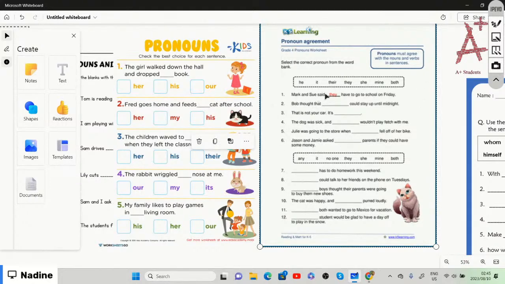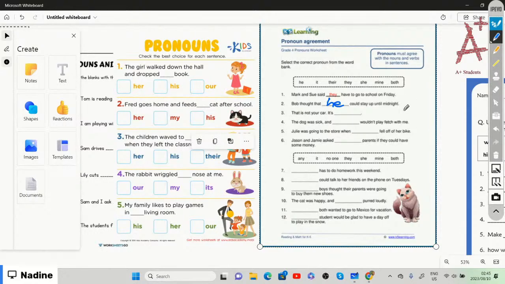Bob thought that he could stay up until midnight. So he. That is not your car. It's mine, meaning it belongs to me.